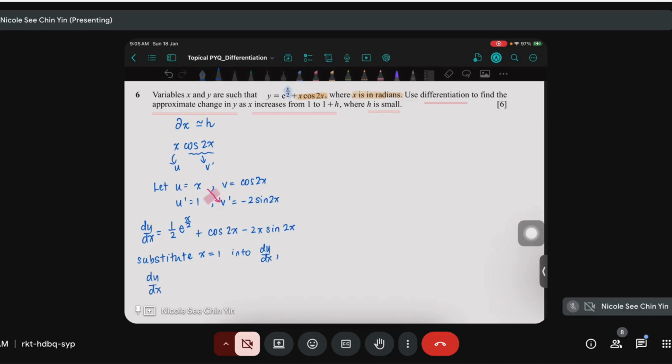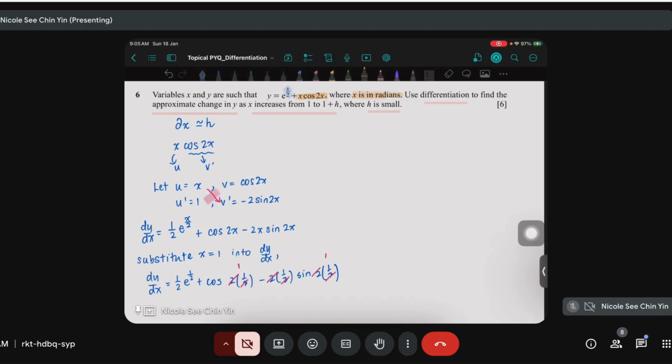So dy/dx equals half e^(half x) plus cos 2 times half minus 2 times half sine 2 times half. Okay, simplified, this is cos 1 and sine 1.